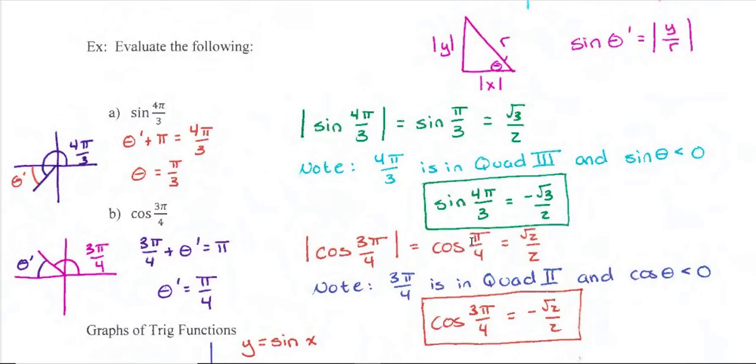So now we know the cosine of 3 pi over 4 is either going to be positive root 2 over 2 or negative root 2 over 2. Well, 3 pi over 4 is in quadrant 2, and the cosine is negative, so the cosine of 3 pi over 4 will be negative root 2 over 2.